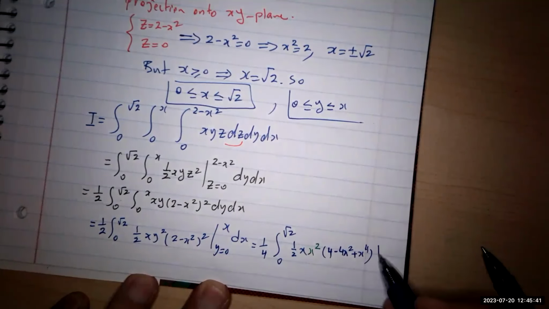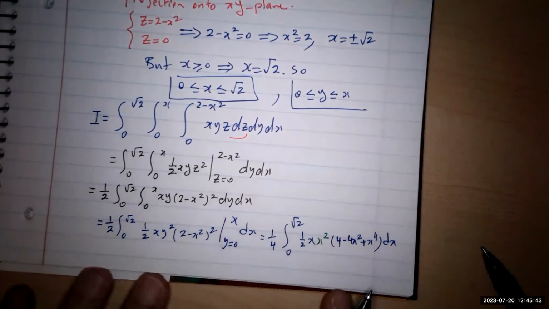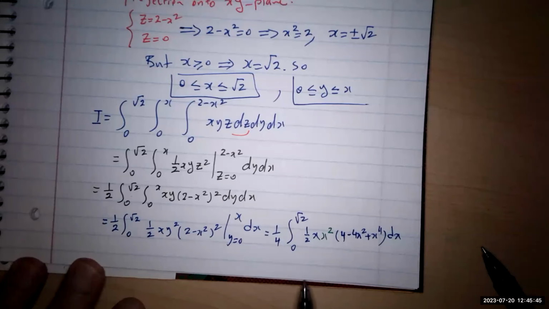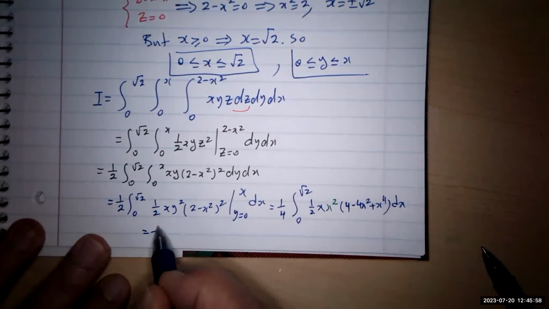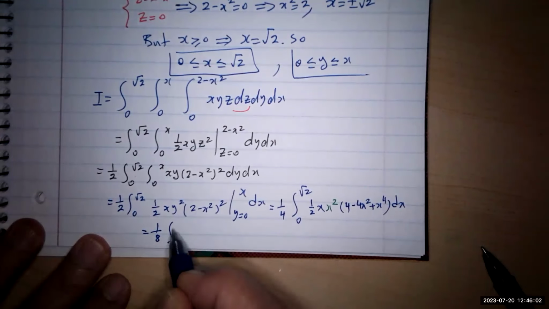Okay, so that gave me the dx. Any question? I just moved them around. So X times X squared would be X cubed. So I have another 1/2. I can pull even that one out. So that gives me 1/4, and this is what I have to do to integrate the last part. So it's going to be 0 to radical 2.